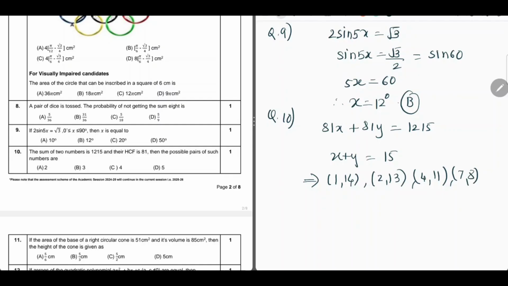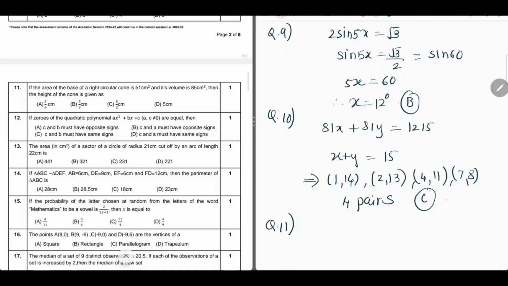The other pairs will have a common factor which is more than 1. And since 1 14, 2 13, 4 11 and 7 8 are co-prime, only 4 such possible pairs where HCF is 81 and the sum is 1 to 15. It means option C. Now question number 11.